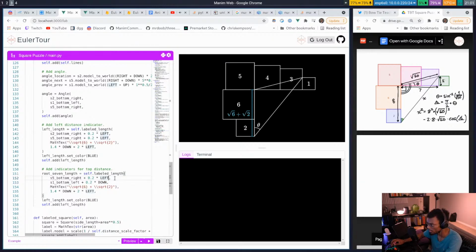I'll do this times down. 4 plus 3. And I'll leave that at the origin for now. Oh, it's 7 length.